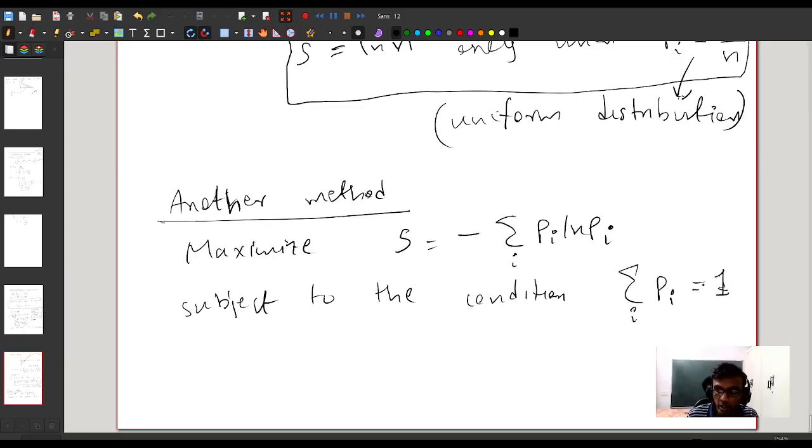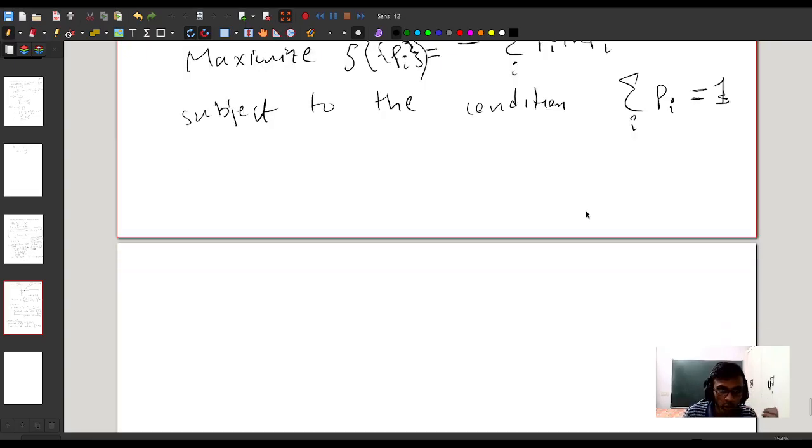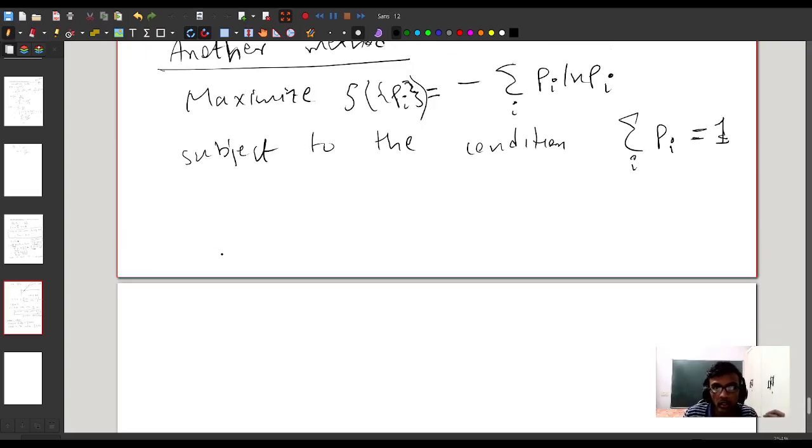So all these probabilities are not independent. We can think of these as some variables on which this function S depends. So this is now a problem of finding an extremum in this multi-dimensional space, subject to this condition, which is a constraint, so this defines a surface for you.